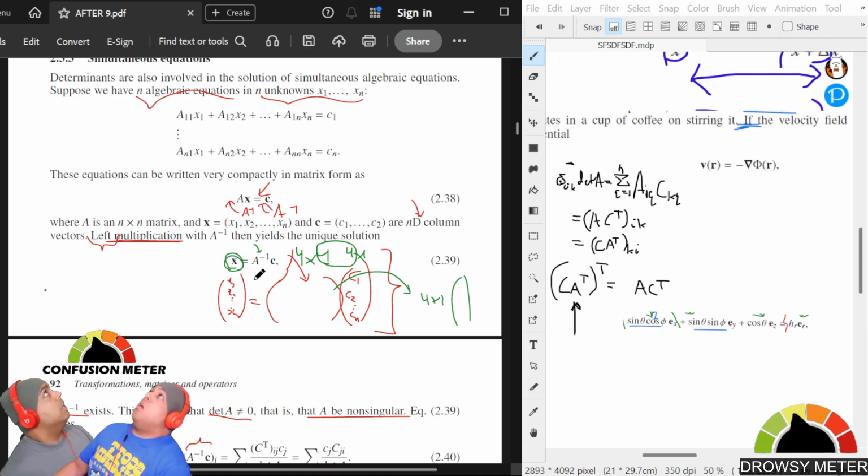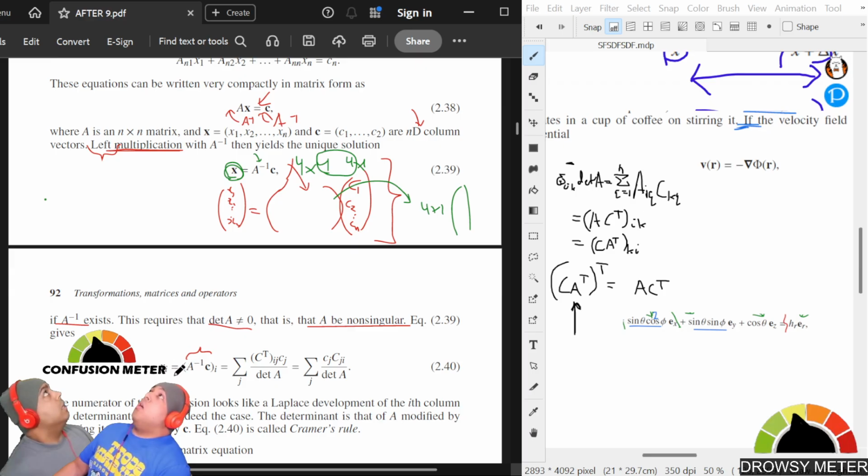So xi equals, the third x is the third element of this, equal to the summation over j of the inverse entry times cj.